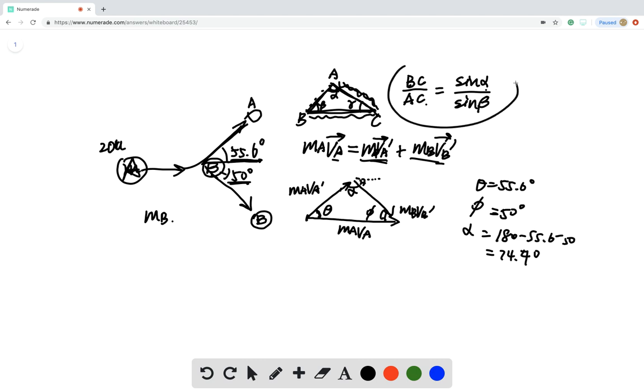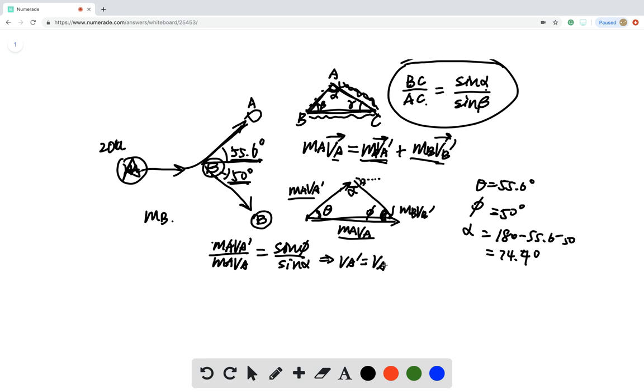So using the same law of sines that we've used before, this tells us that mA vA prime over mA vA equals sine phi over sine alpha. So that tells us that vA prime equals vA times sine phi over sine alpha. And similarly, we can do that with, say, these two sides.